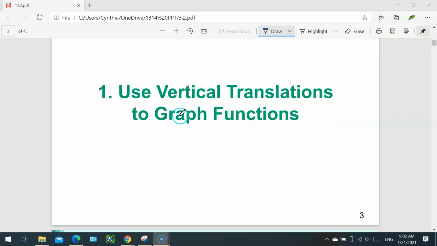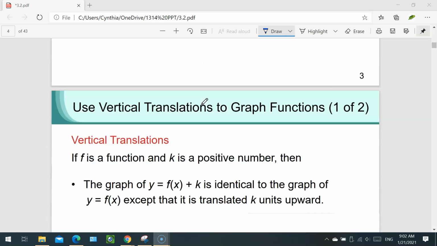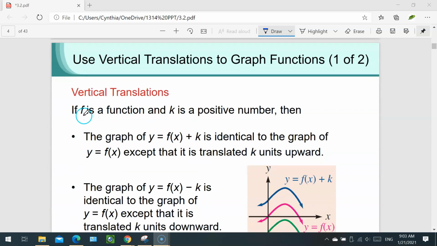So we start from the first one. How do we use a vertical translation to graph the function? If f is a function and k is a positive number, then the graph of y equals f of x plus k is identical to the graph of the function y equals f of x, except that it is translated k units upward.